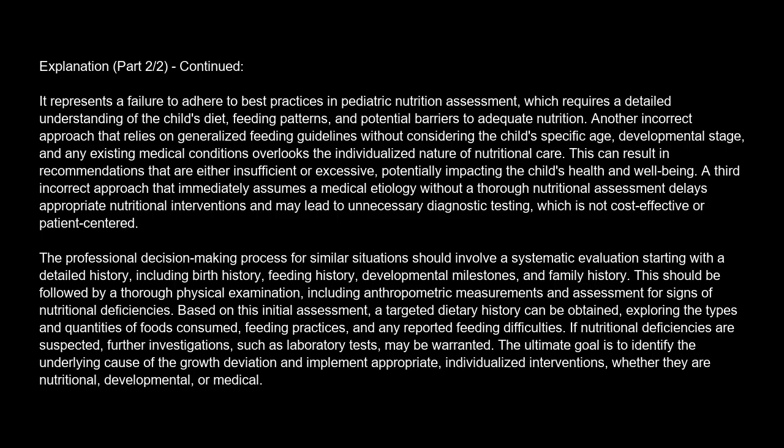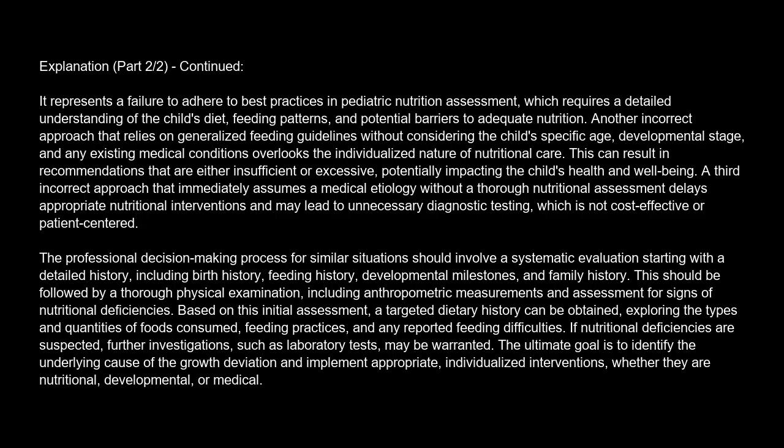The professional decision-making process for similar situations should involve a systematic evaluation starting with a detailed history, including birth history, feeding history, developmental milestones, and family history. This should be followed by a thorough physical examination, including anthropometric measurements and assessment for signs of nutritional deficiencies.